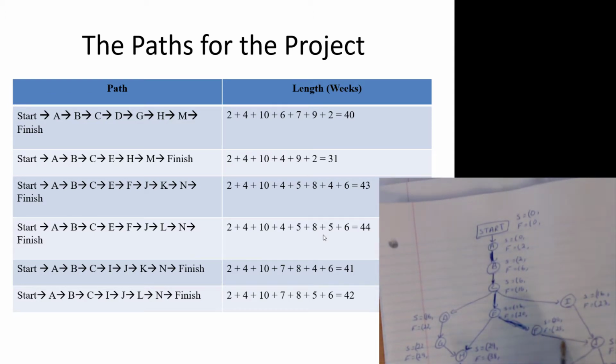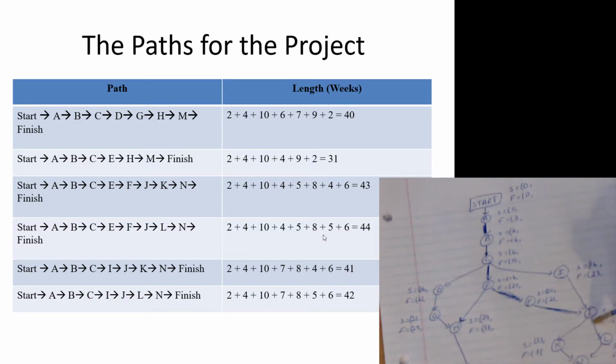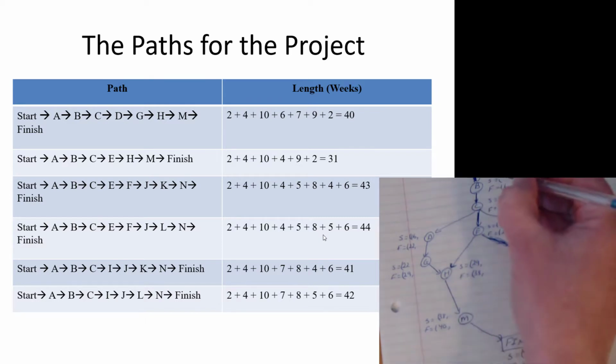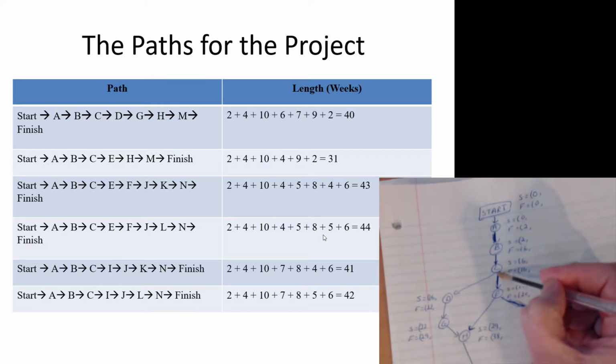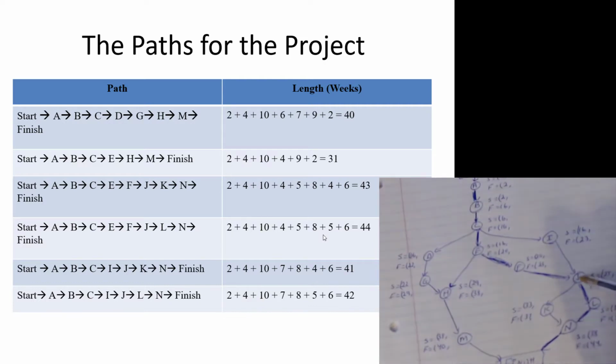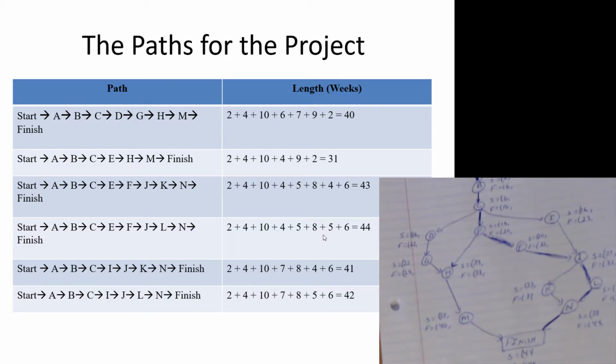To J, of course no other place to go from F other than to J, and then to L, to N, and to finish. Okay? A to B to C to E to F to J to L to N, and then done. Finish. And we can see N finishes at week 44, and that's when the project is done, week 44. So that's our critical path.